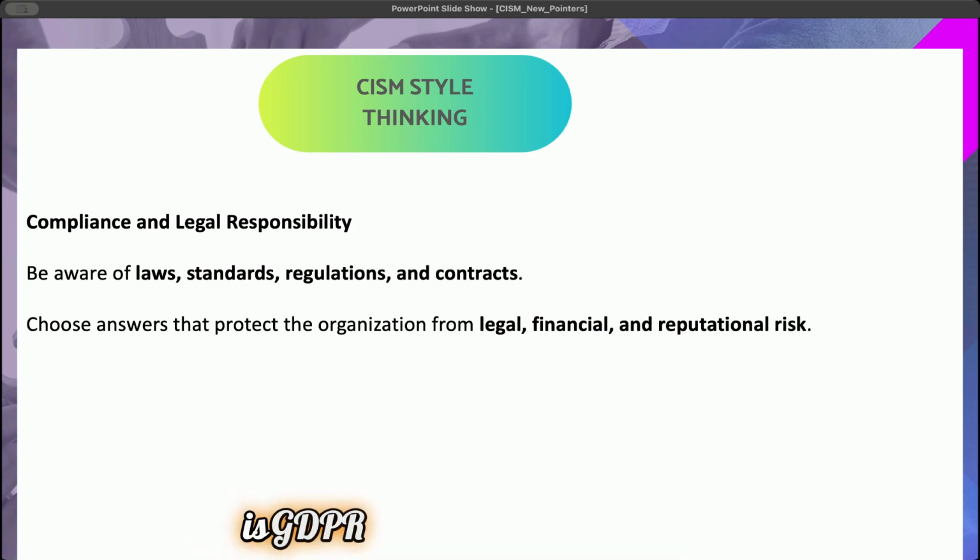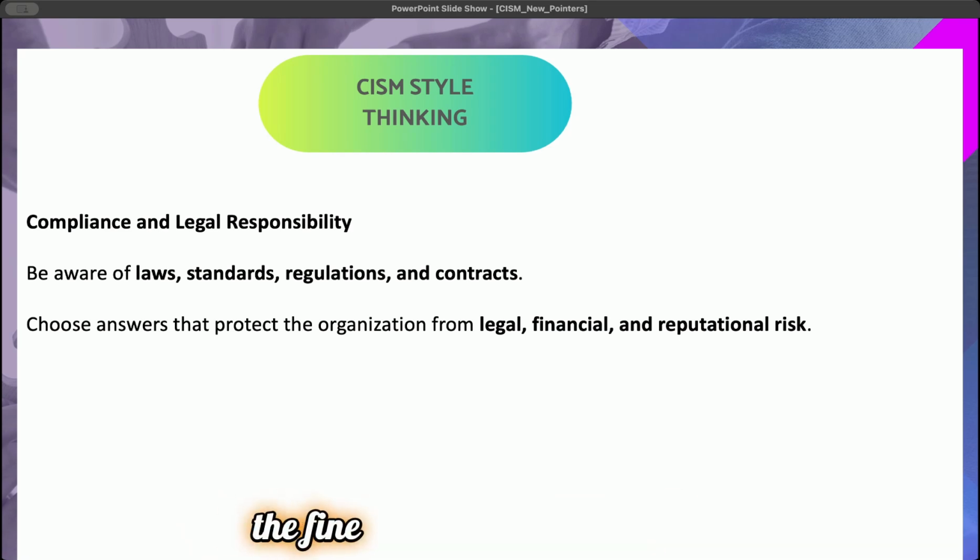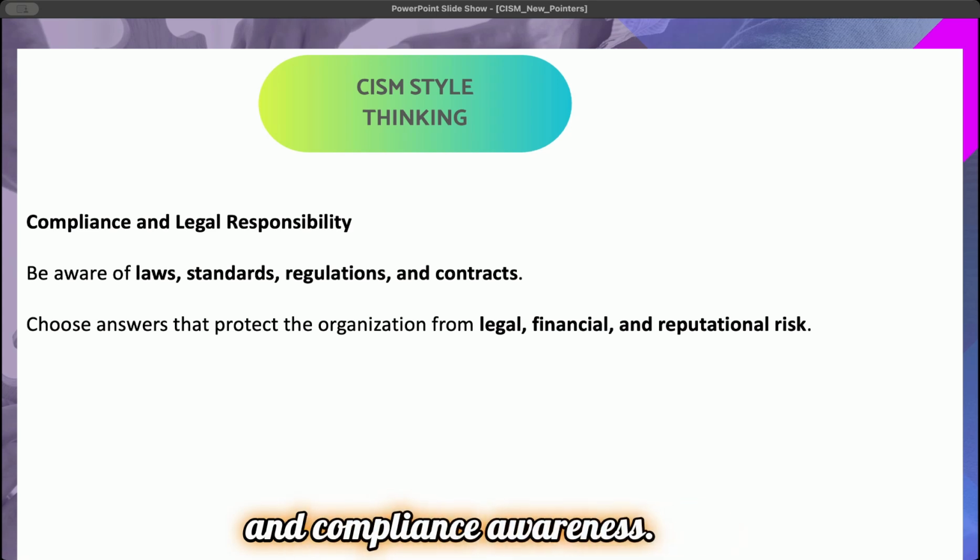That is, GDPR has a 72-hour rule. Financially, it will avoid the fine, and reputationally, it shows responsibility. It also reflects cross functional engagement and compliance awareness.